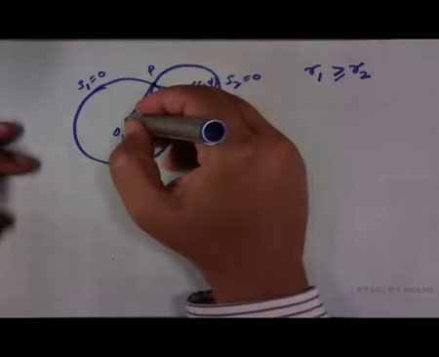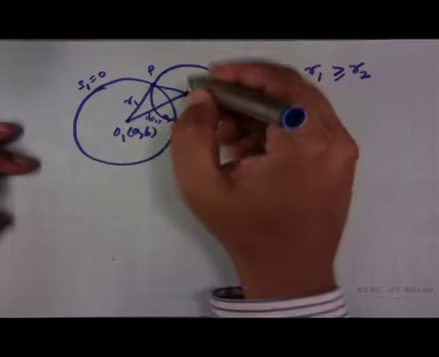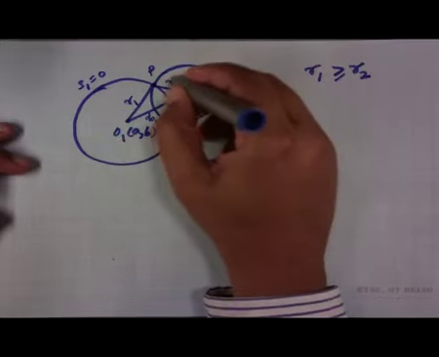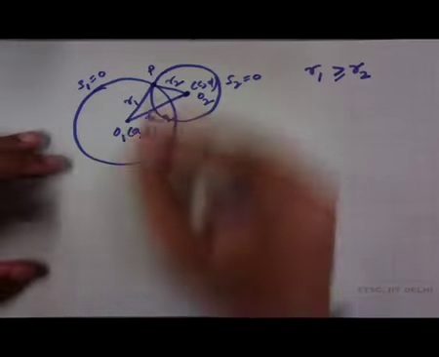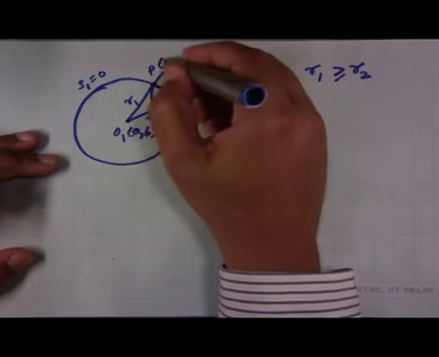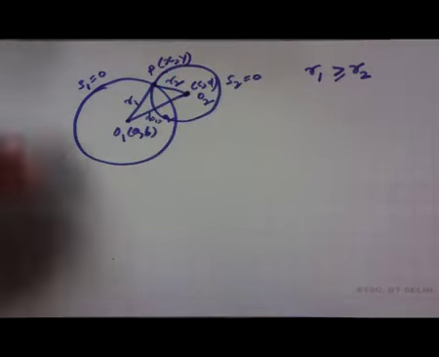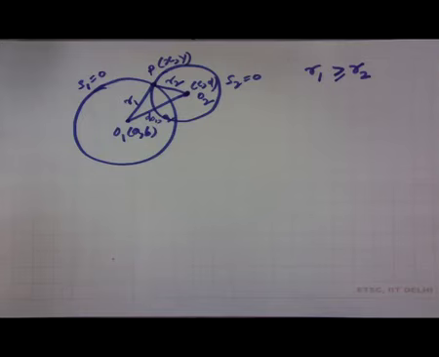Then the length of O1P is obviously R1, the length of O2P is R2, and let us say that the coordinates of this point P are x and y.